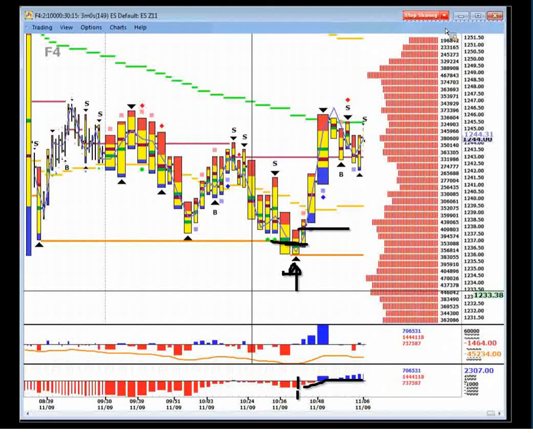Now, what setup would allow you to comfortably take this trade? I mean, how's your mind thinking right here? We got this low over here at 37. What do you expect as a trader in this situation as we get close to 37?